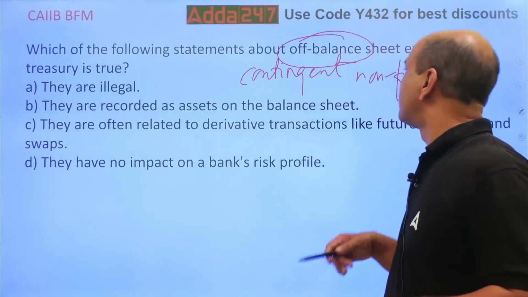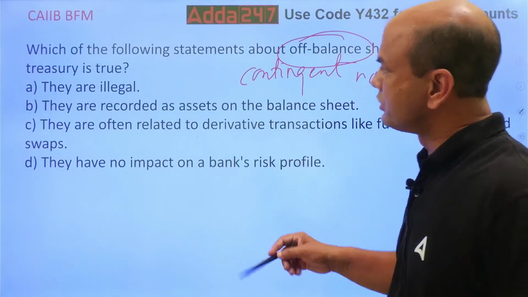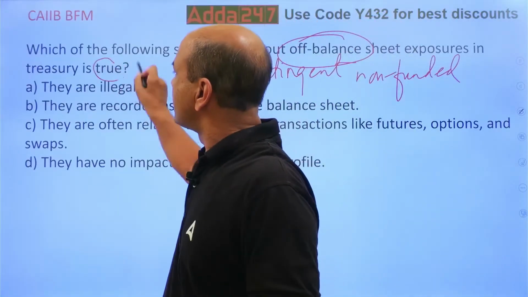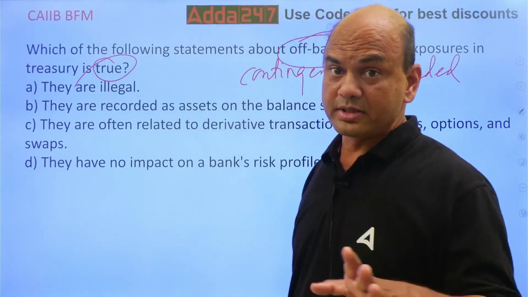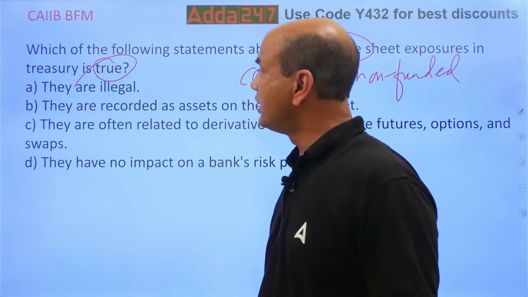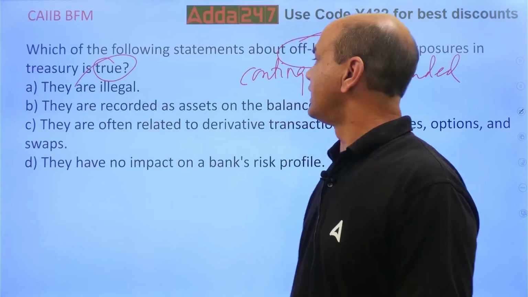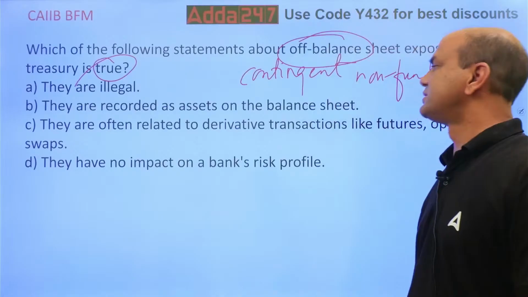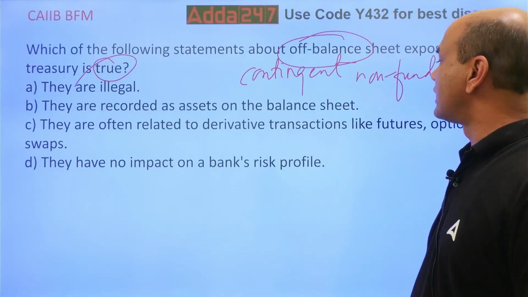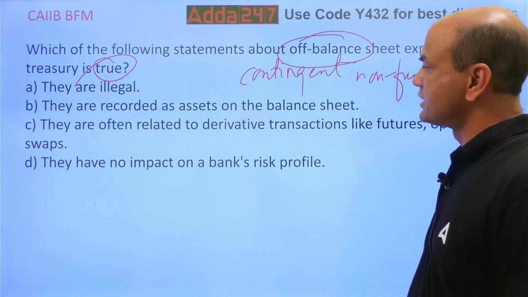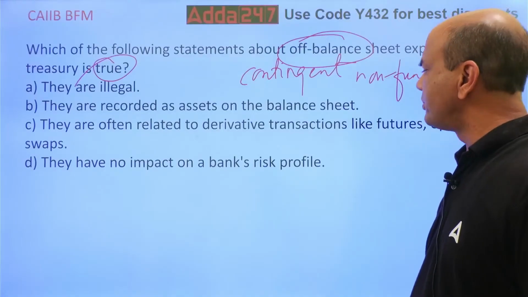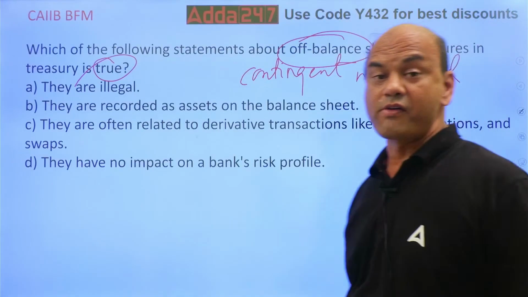So which of the following about the off balance sheet exposure is true? So you focus on the question, true or untrue. Always remember this, true or untrue. They are illegal. They are recorded as assets on the balance sheets. They are often related to derivative transactions like futures, options and swaps. They have no impact on the bank's risk profile.